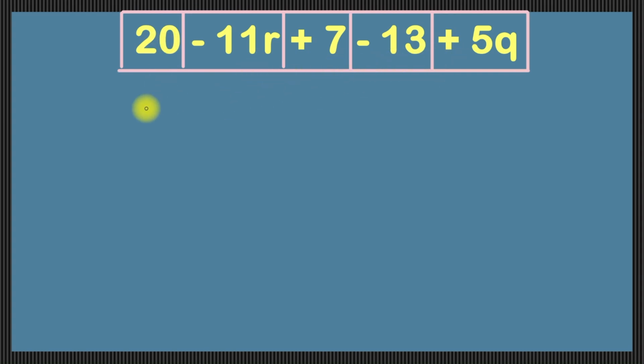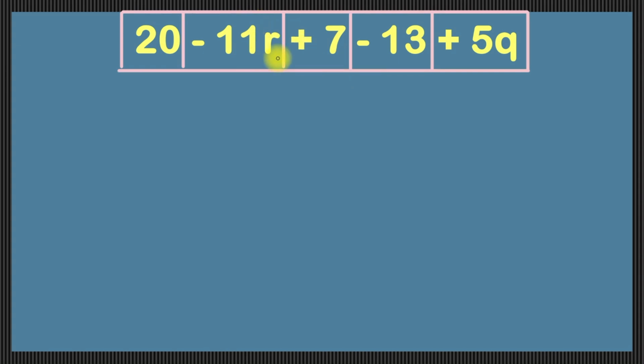Now the question is, which terms can be combined? We can only combine terms that are called like terms. That means they have the same exact variable and exponent. And what I like to do when I'm simplifying expressions is make this thing called a term table. I'll start by seeing how many different letters I have.